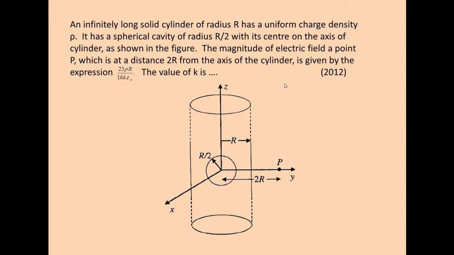So how to find the value of k? First you find the expression for the electric field due to this kind of a shape and compare it with the given expression, and whatever is there in place of k, you just identify it, then that will be the value of k. Got it?